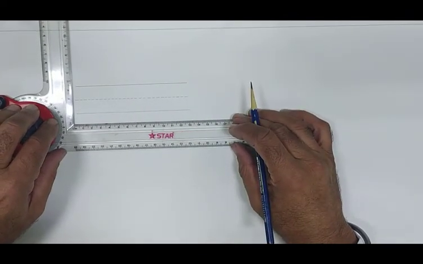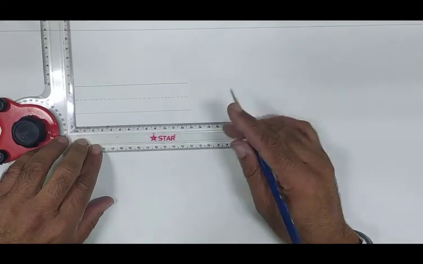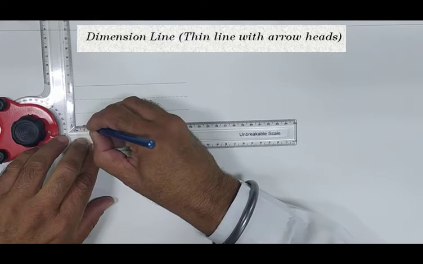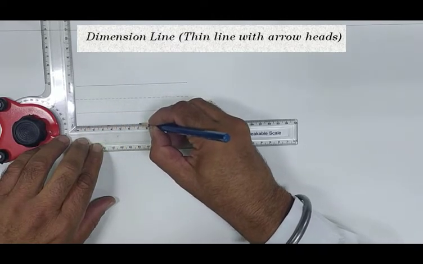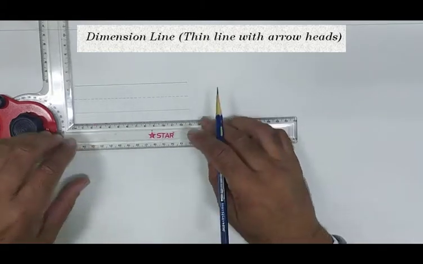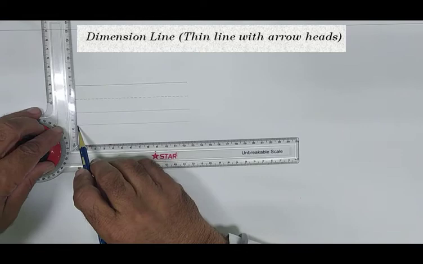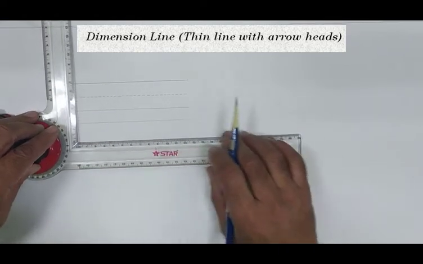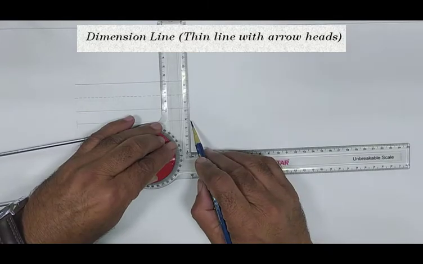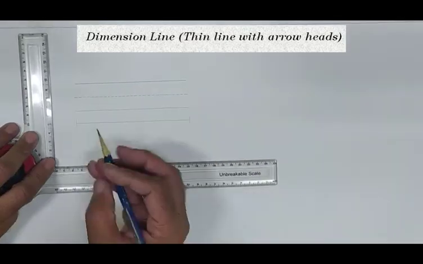Then after this construction line, we have the dimension line. This is again a thin line with arrowheads at the ends. At these ends you can put the arrows. These arrows should be in the ratio of 1:3. I will explain in the next video how we can draw these arrows.